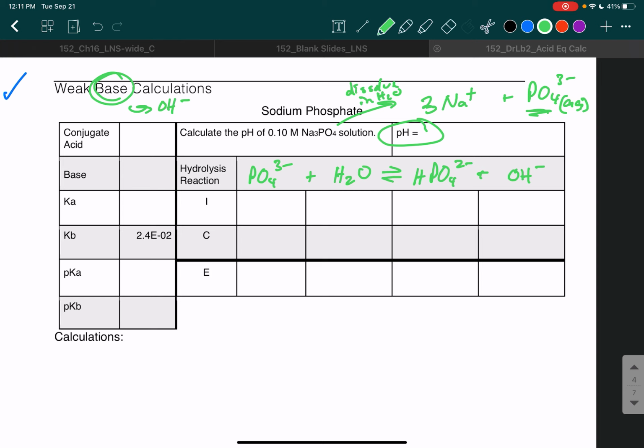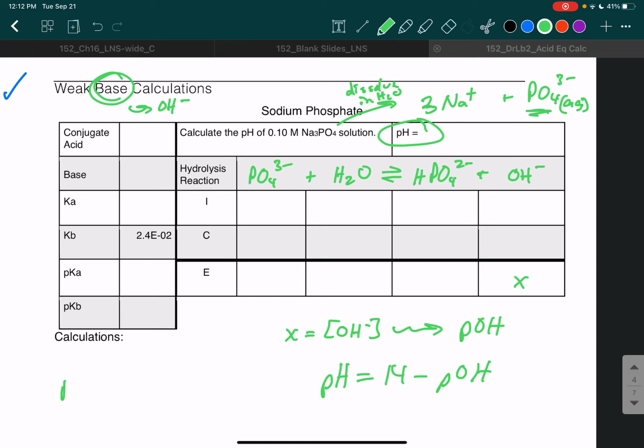Like in these 3 examples, once you get X, you're going to jump through the same hoops in terms of calculating X. But X here is going to be equal not to hydronium but to the hydroxide ion concentration. So I'd recommend calculating the pOH, and then the pH is equal to 14 minus the pOH.